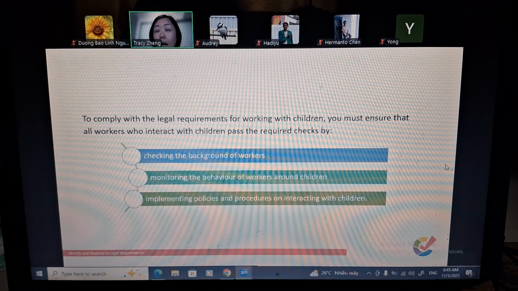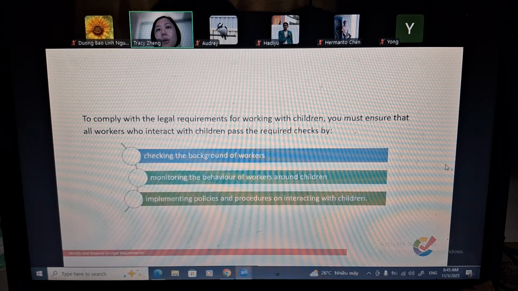I'm not quite sure about other states, but in New South Wales, you need to fill out a form and complete all of those questions. Service New South Wales would check your background to see if you have any criminal history or anything that puts children at risk.